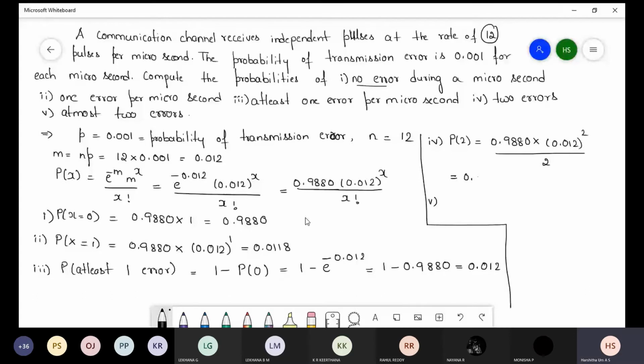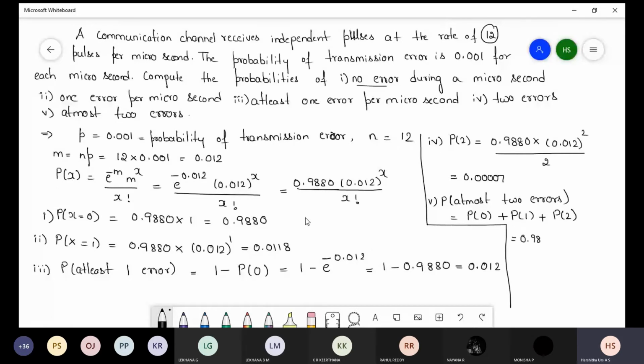Next, last one, probability of at most 2 errors. At most 2 errors means P of 0 plus P of 1 plus P of 2. Here in all the terms we can write 0.9880 as a common term.